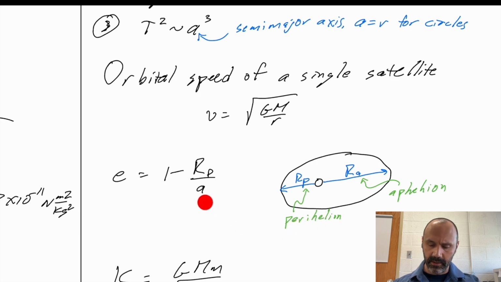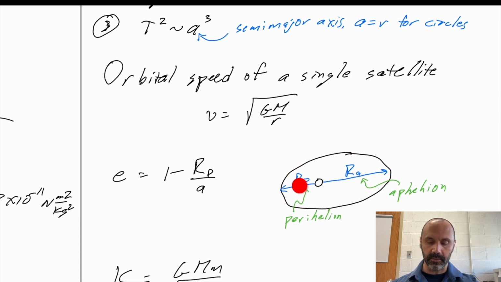And I have a here, but I'm thinking actually that this should be ra, now that I'm looking at it, because if it was just rp over a, then that would mean, so when you have a circle, the eccentricity is 0, right? And so that would mean that rp is equal to ra. The perihelion and the aphelion are the same, right? Or, oh no, sorry, rp over the semi-major axis. So a, the semi-major axis, is half of this whole thing.